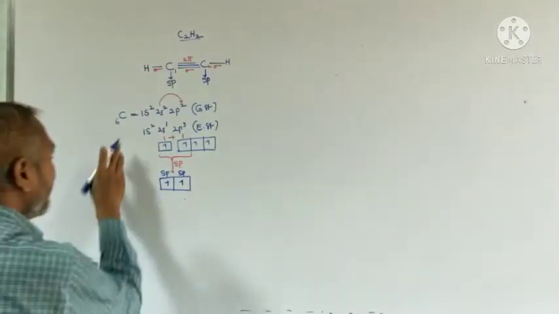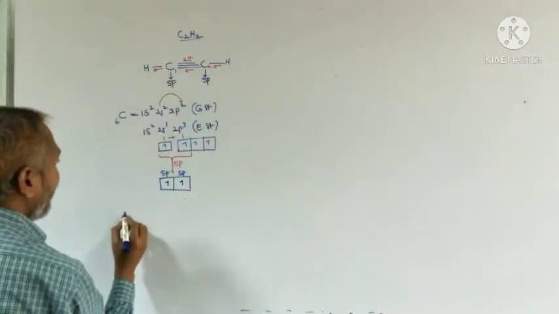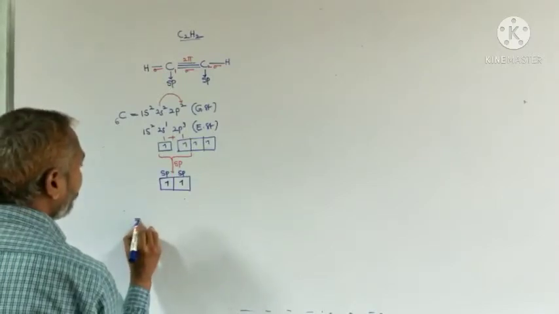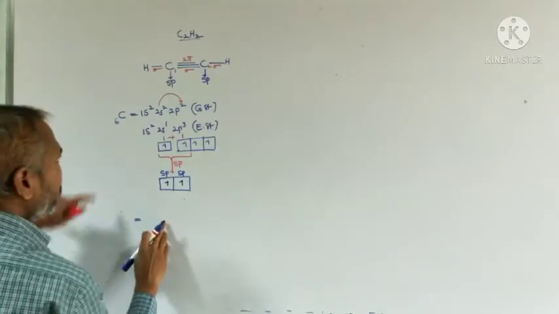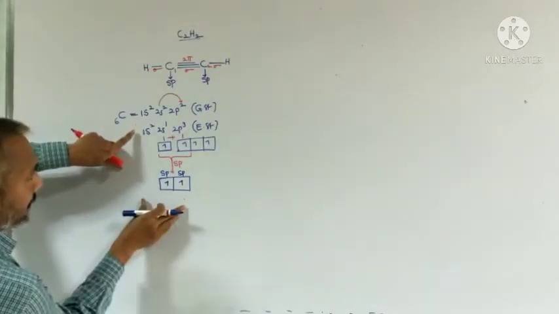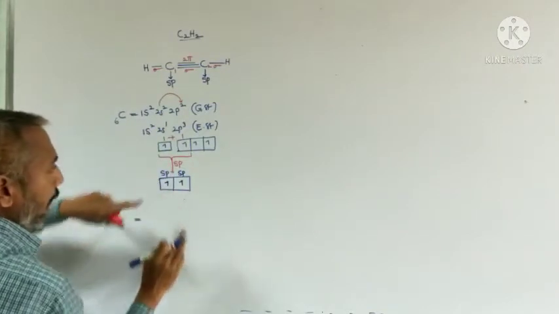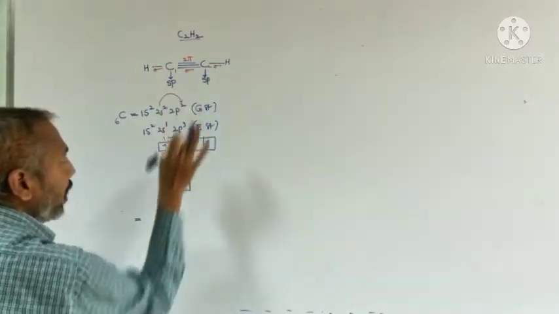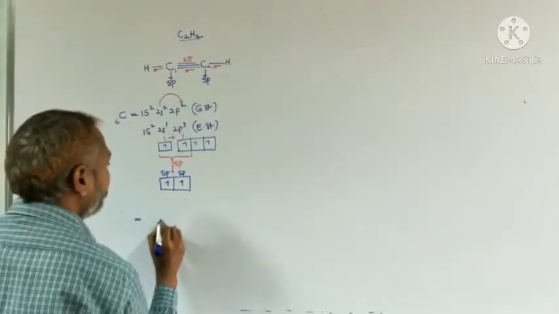It is the same for the C2 carbon. C2 carbon also undergoes sp hybridization and can form two sp hybrid orbitals.